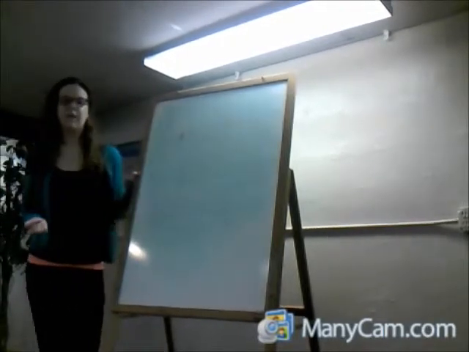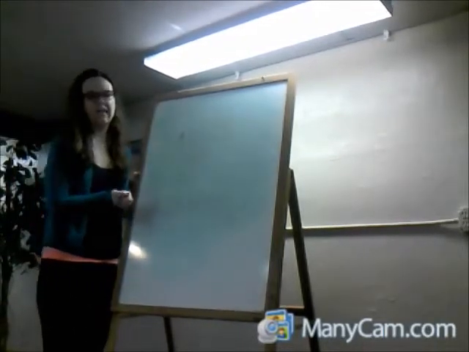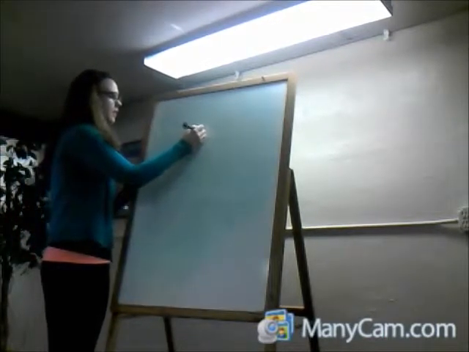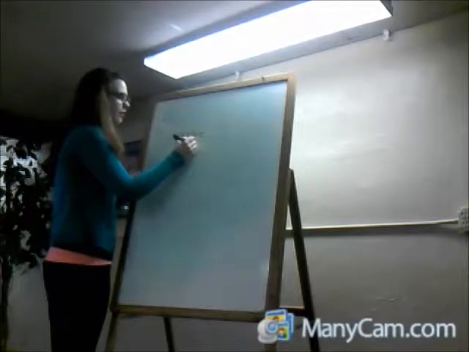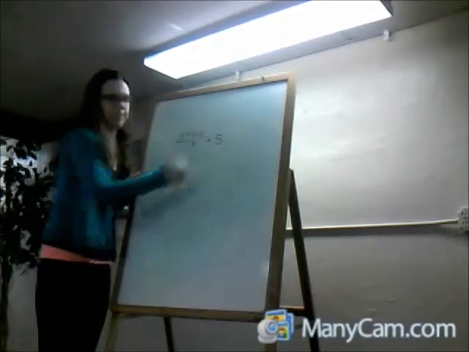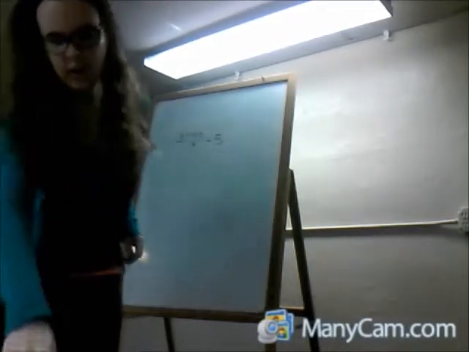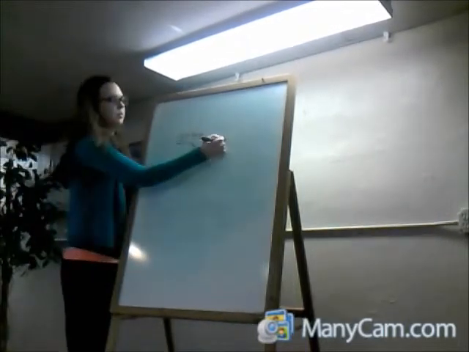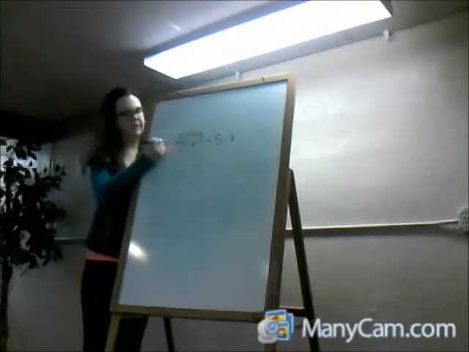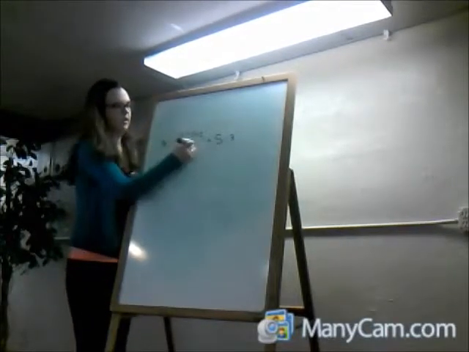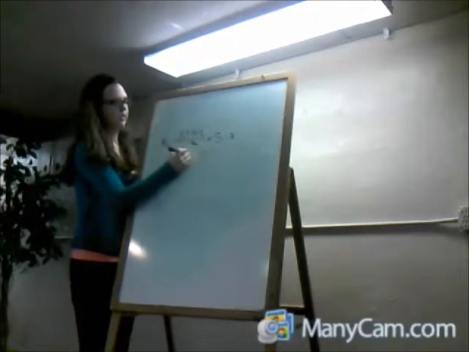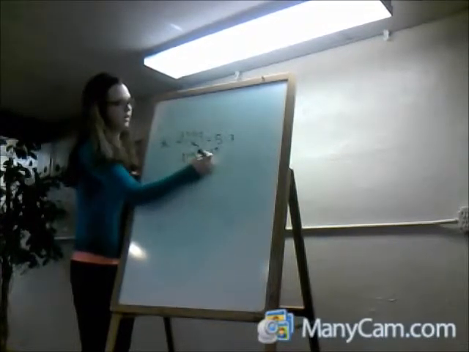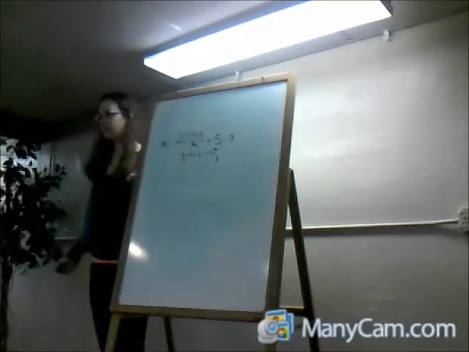How we write the average of 3, s, and t is we basically say 3 plus s plus t over 3 equals 5. And then they just want the value of s plus t. So from here, we just multiply both sides by 3, and then we get 3 plus s plus t equals 15, and then subtract 3, so then we get 12.